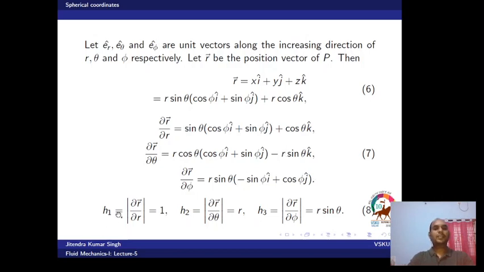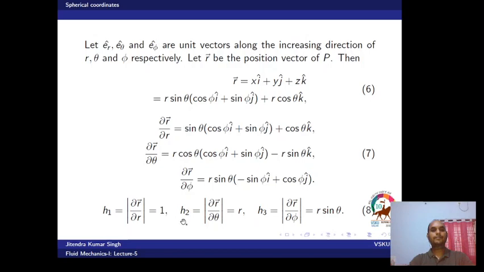So h1 is the magnitude of the vector partial r by partial r. When we take the magnitude, we get sin square theta (cos square phi + sin square phi) + cos square theta. Since cos square phi + sin square phi is 1, and sin square theta + cos square theta is 1, we get 1.